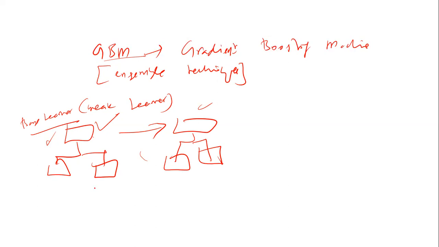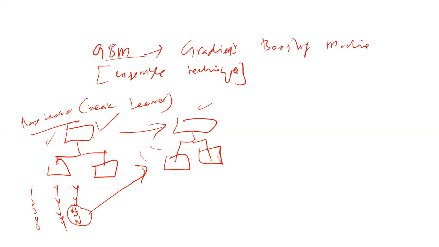For example, let's say you have 5 customers: 1, 2, 3, 4, 5. For the first, it assigned yes, approve the loan, and then for the others it says no, no, and no. So the actual is yes, yes, yes, yes only, but your model wrongly classified them as no. So what it does is it takes these wrongly classified ones, along with the other customer data also, and then it tries to address this misclassification.